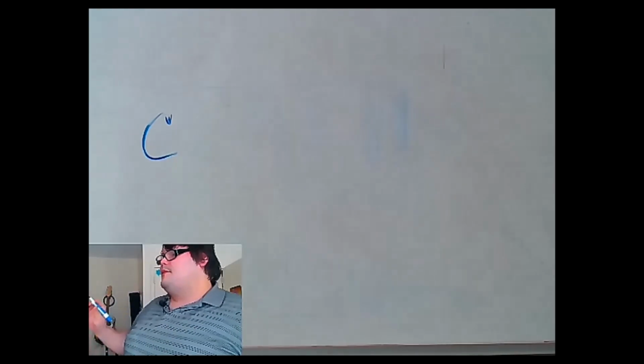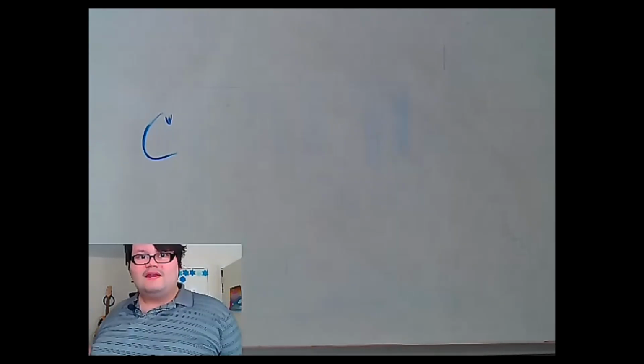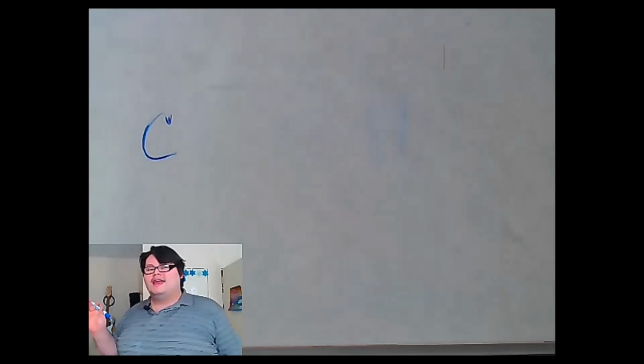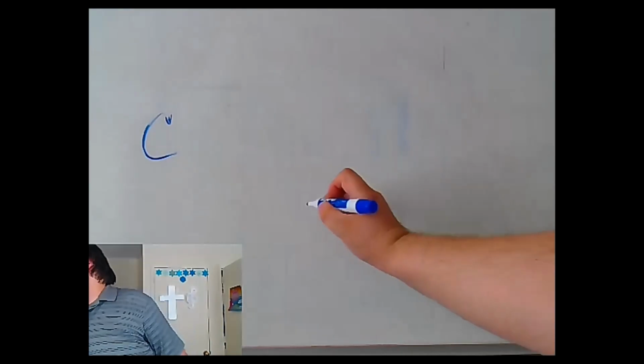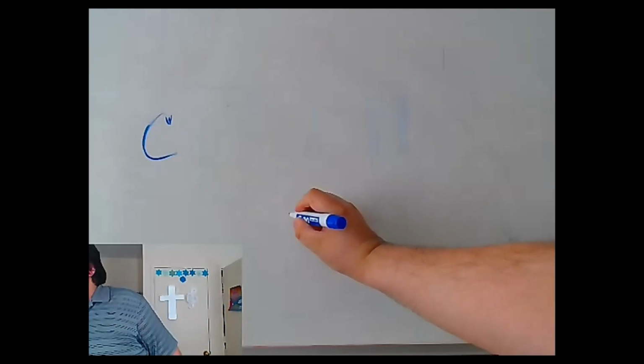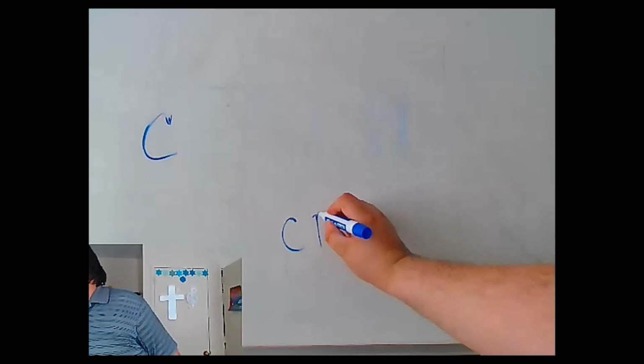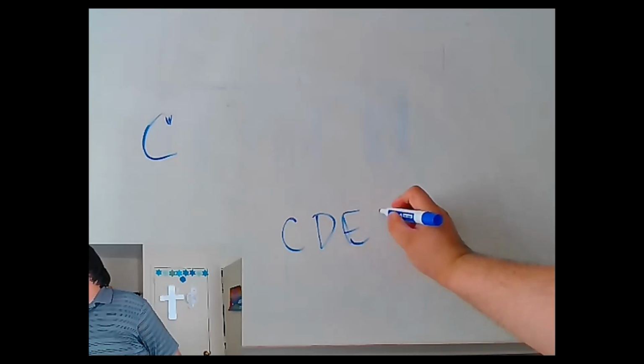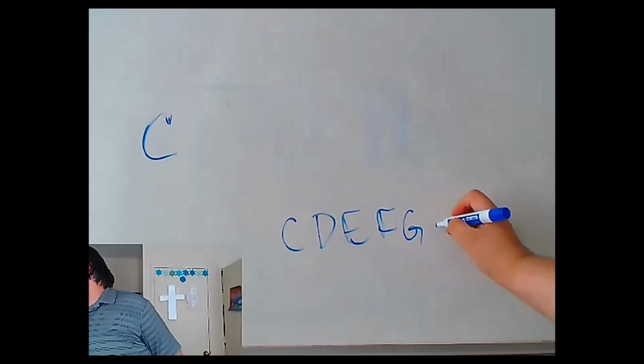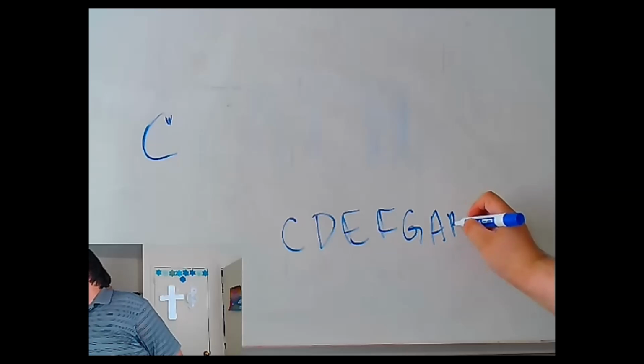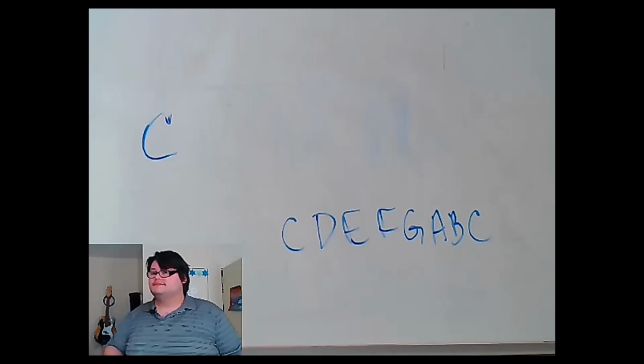I'm going to write this temporarily, and you'll see where I'm going with this. So the key of C is as follows: C, D, E, F, G, A, B, and C again.